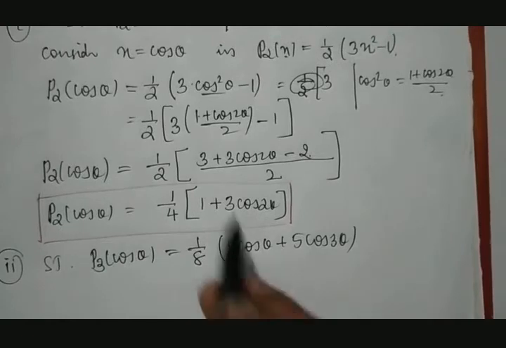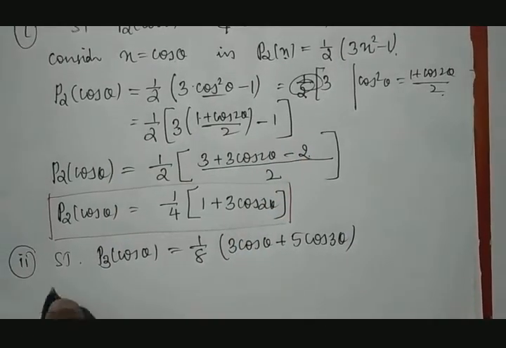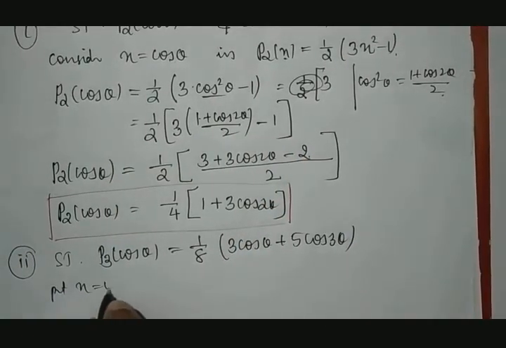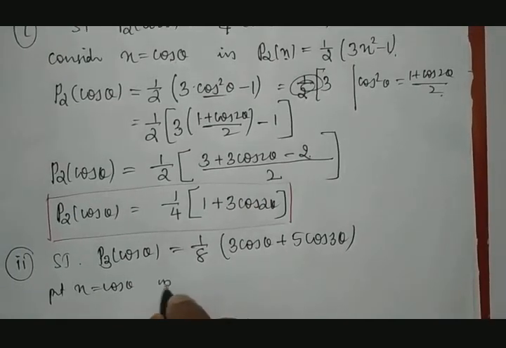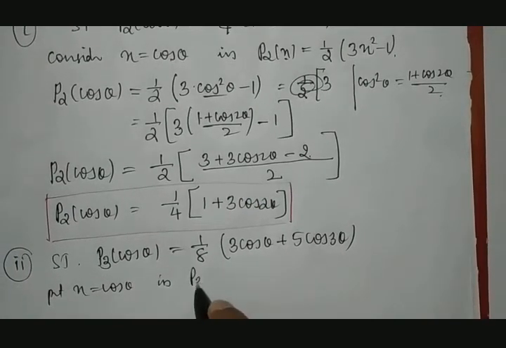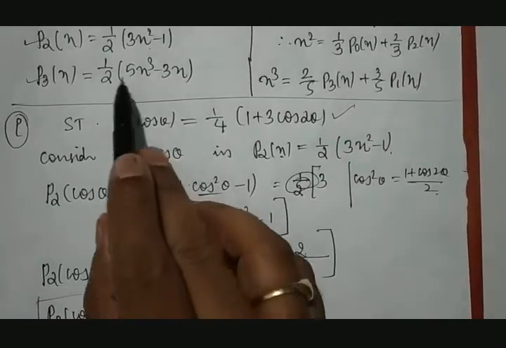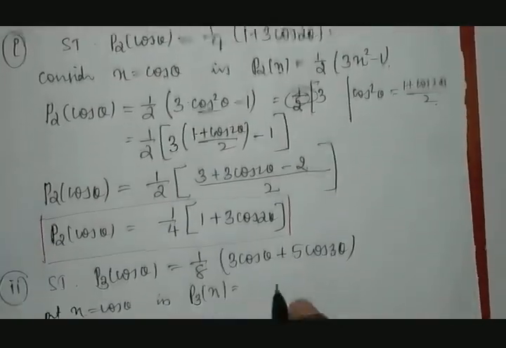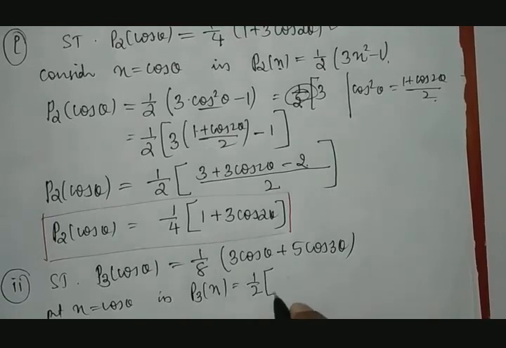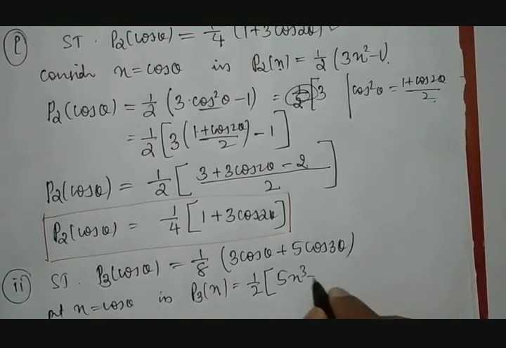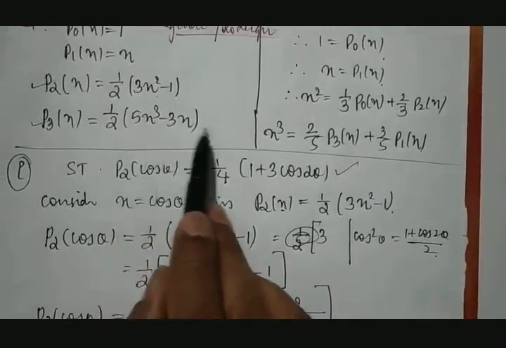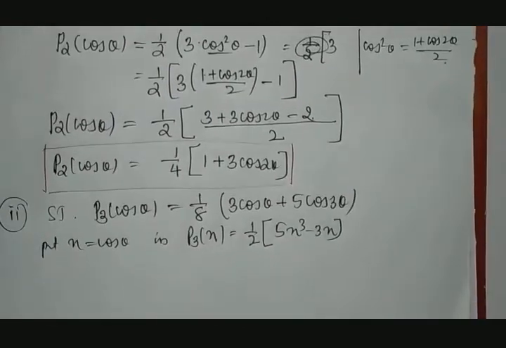Again, let us follow the same thing. Put x is equal to cos theta in P3. What is P3 of x? P3 of x is equal to 1 divided by 2 into 5x cubed minus 3x.